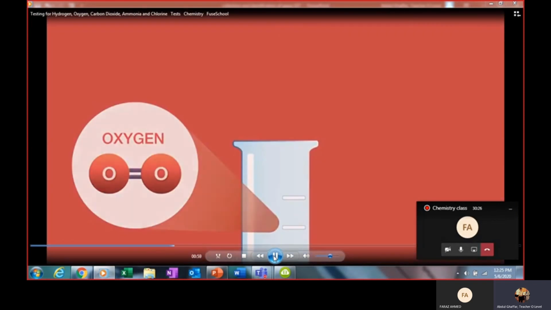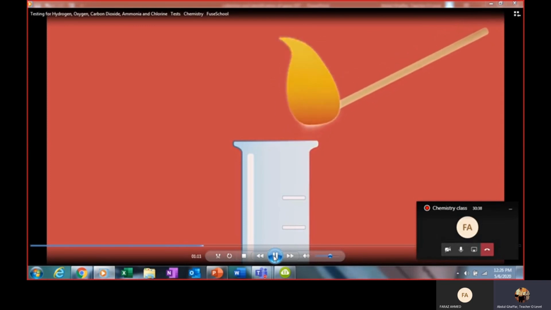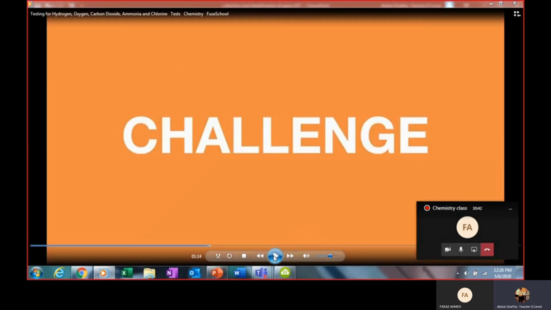To test for oxygen, place a glowing splint at the mouth of the reaction vessel. Keep in mind that the splint should be glowing, not lit. A glowing splint relights in the presence of oxygen. What is the identification of oxygen, Faraz?